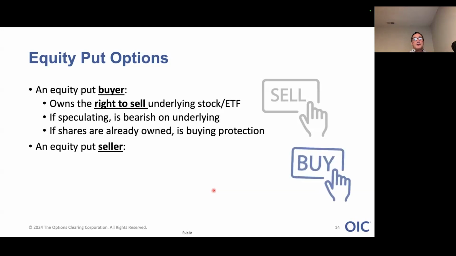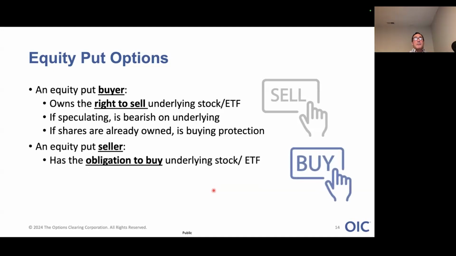Now, for the equity put seller, by taking in that premium, if I sell a put, I'm obligated to buy shares of the underlying at my strike price should the long holder exercise their contract. We'll be looking at a strategy called the cash secured put. This is a way for people to sell puts in order to get paid to wait while you're waiting for stocks to get down to a level you're comfortable buying them at.